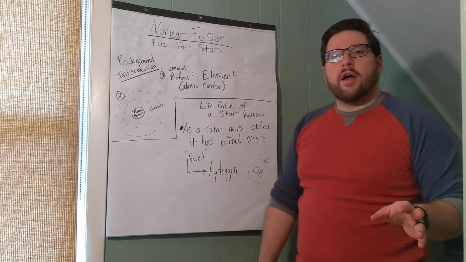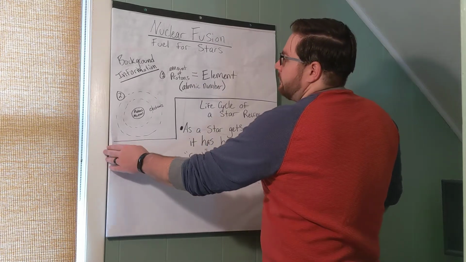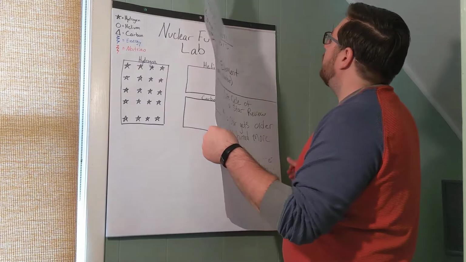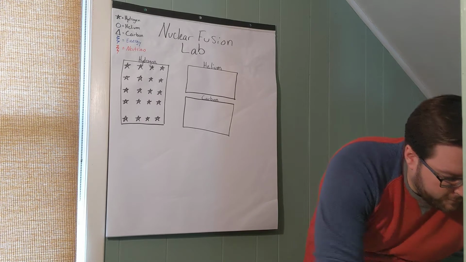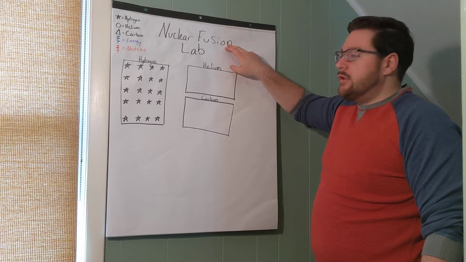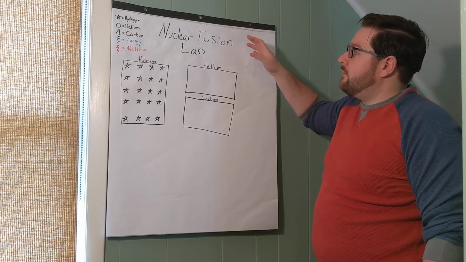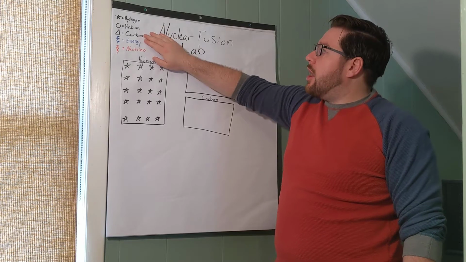Posted on Google Classroom is a nuclear fusion lab. As we look at the lab, it tells you to break things down into a couple of different components. So we have hydrogen. Eventually we're going to have helium and carbon.